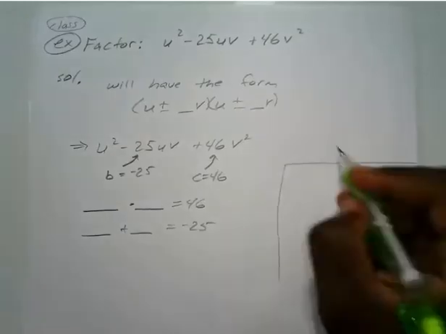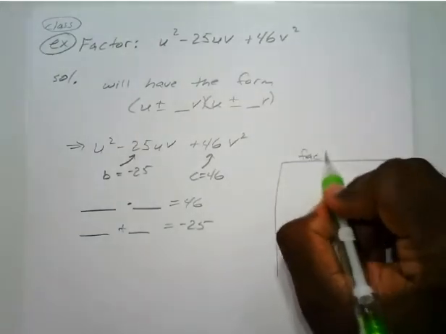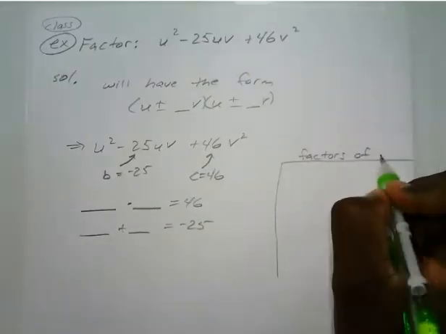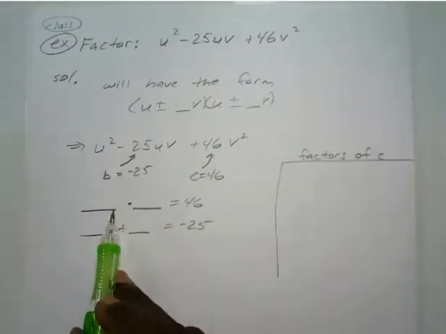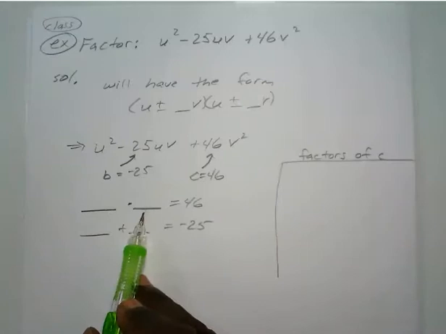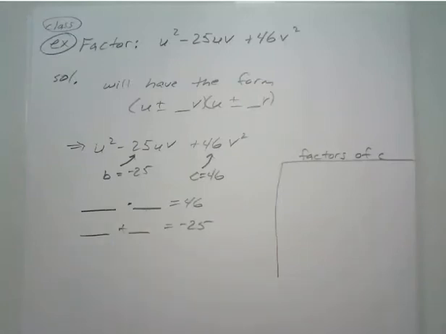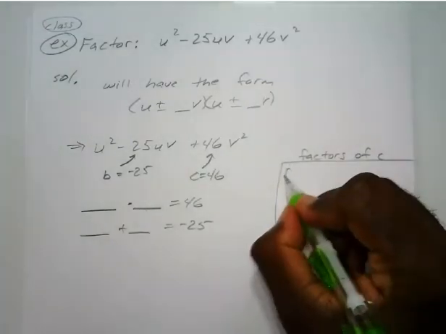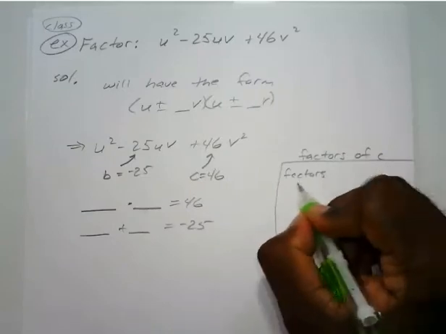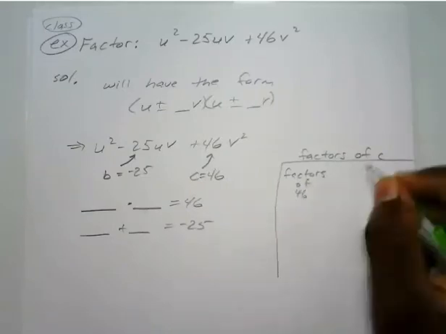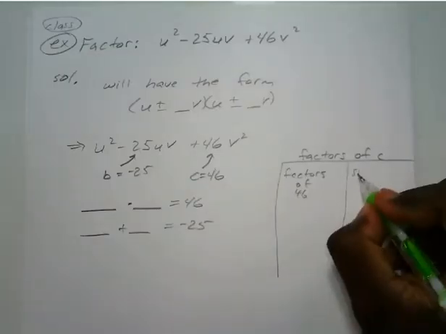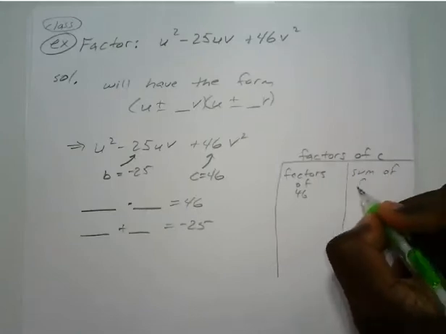All right. So again, we have our factors of c. Now, since we know they both have to be negative, it keeps us from having to do all the different combinations. So we have factors of 46, and then the sum of factors.